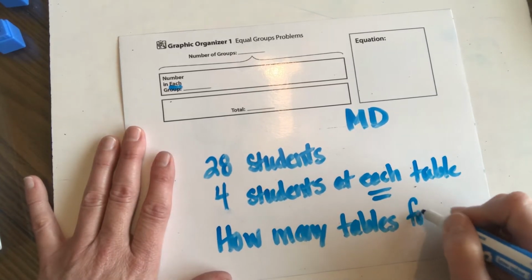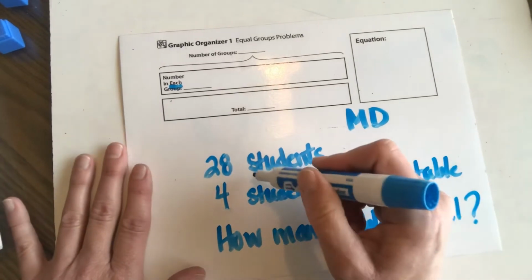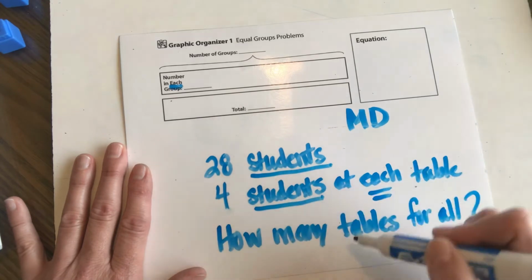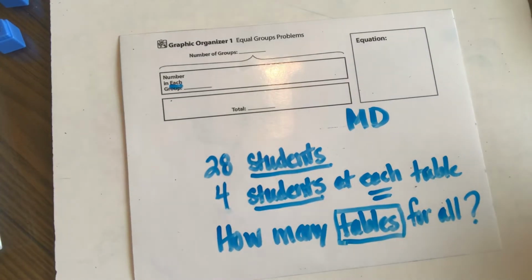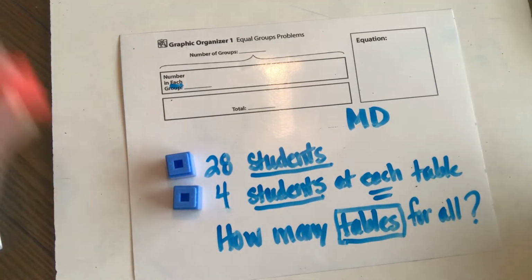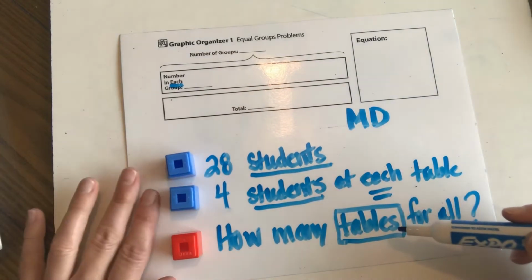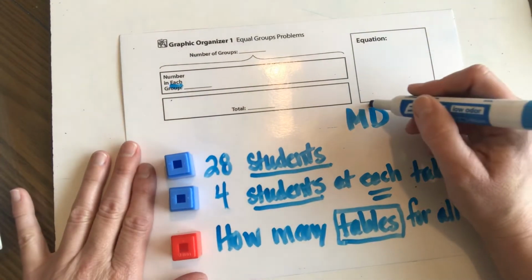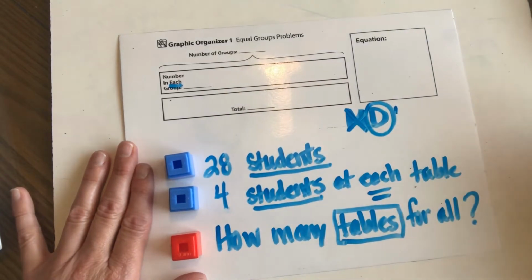So I'm just going to put how many tables for all. Okay, so I've got students, and I'm looking for tables. Remember from last week that when my labels are the same in my story and the question asks for something different, it is an automatic divide.